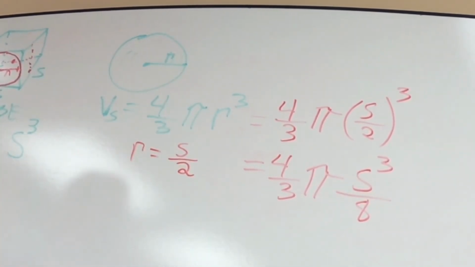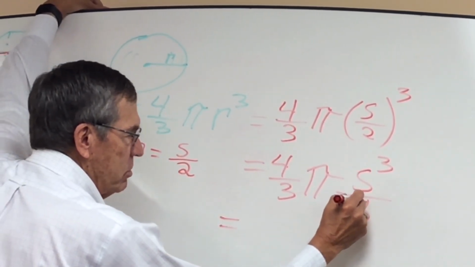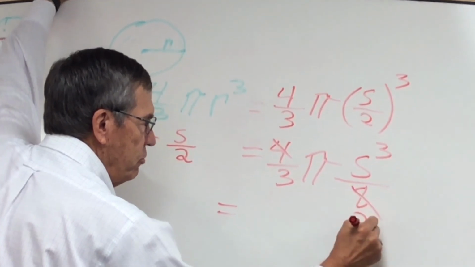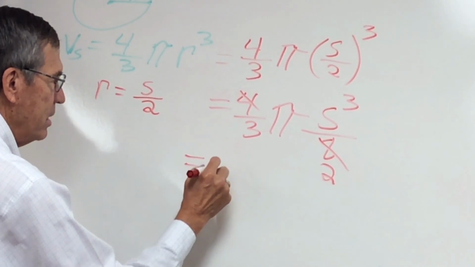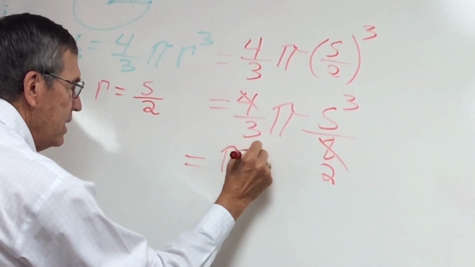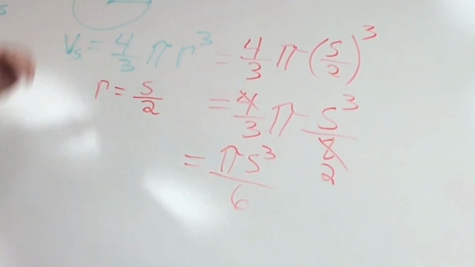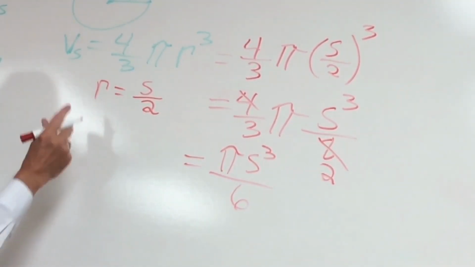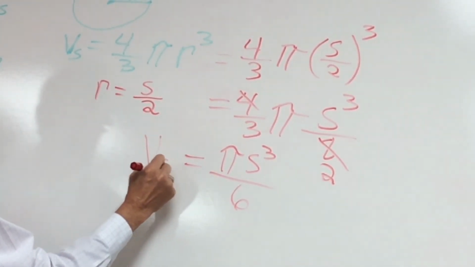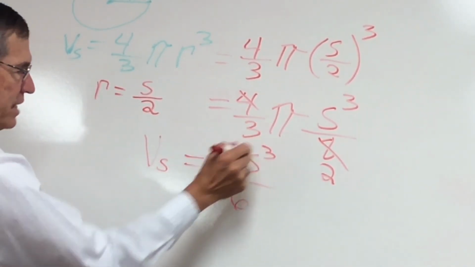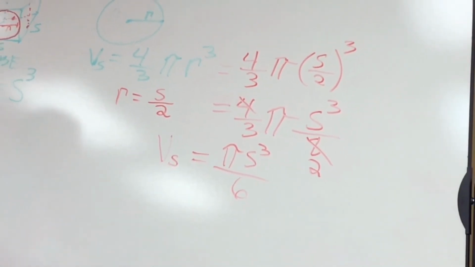And so we get that expression, and I'll simplify that one more time. I'll cancel this out and make that a 2. And now I have pi s cubed on the top, and the bottom will have 3 times 2, which is 6. Okay? So now I have an expression for the volume of the sphere, which is equal to pi s cubed over 6, where s is the side of the cube.